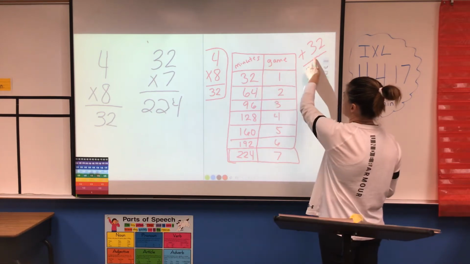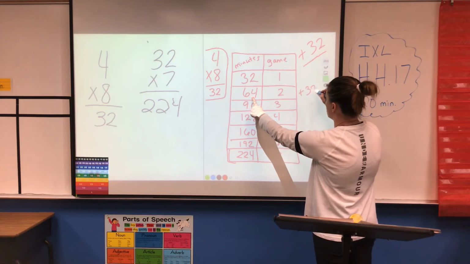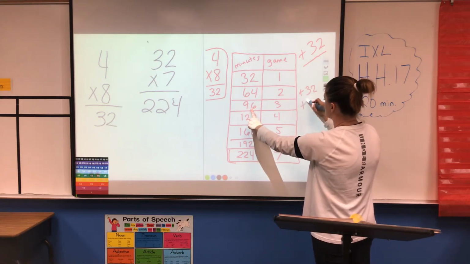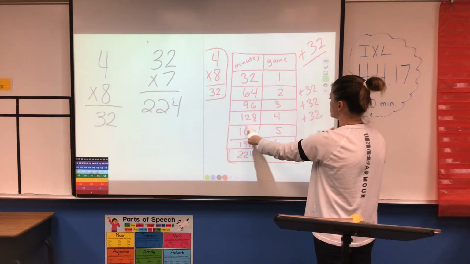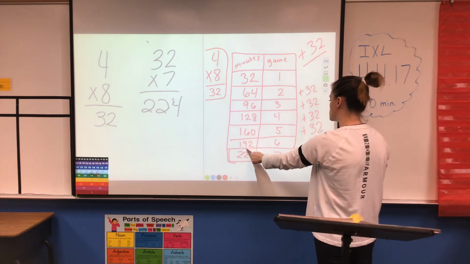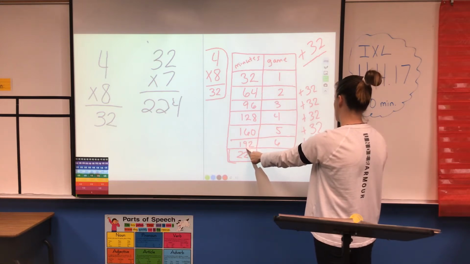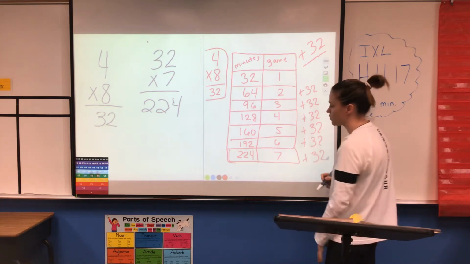So if you add 32 and 32, you get 64. If you added 32 again, you'd get 96. Added 32 again, you'd get 128, then 160, 192, and finally 224.